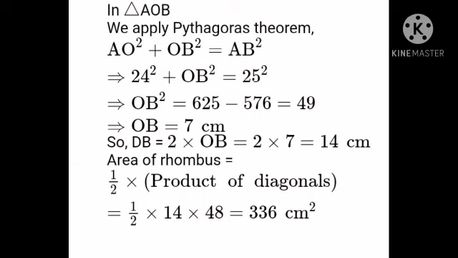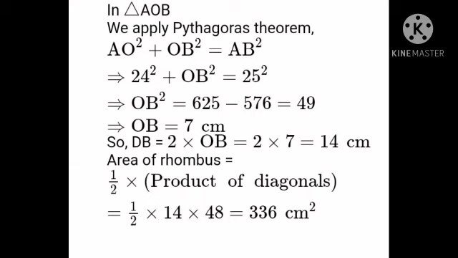Square of 24 is equal to 576. Therefore, OB square is equal to 625 minus 576, that is equal to 49. So when we take the square root we will get 7 centimeter. Therefore length of OB is equal to 7 centimeter.